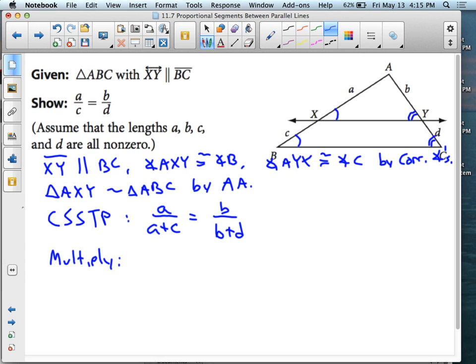Let's multiply these out. I'm going to get A multiplied by B plus D, and that's going to equal B multiplied by A plus C.